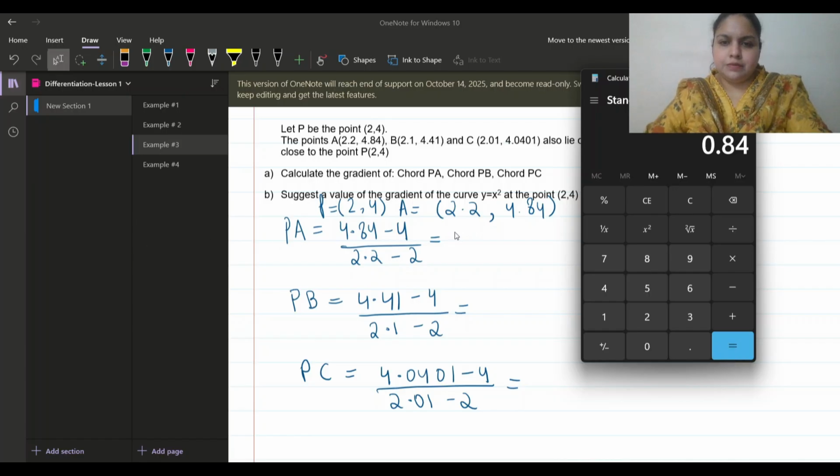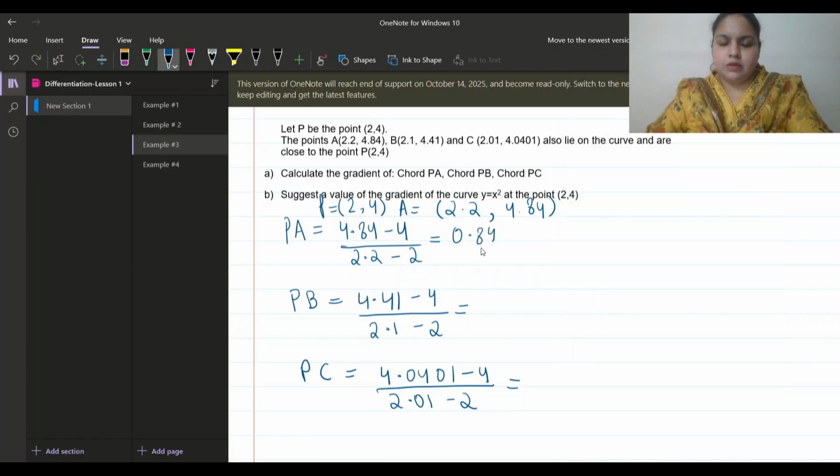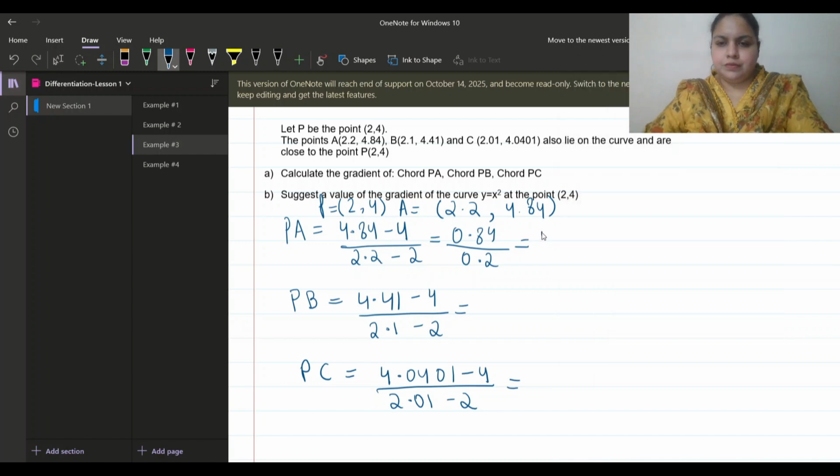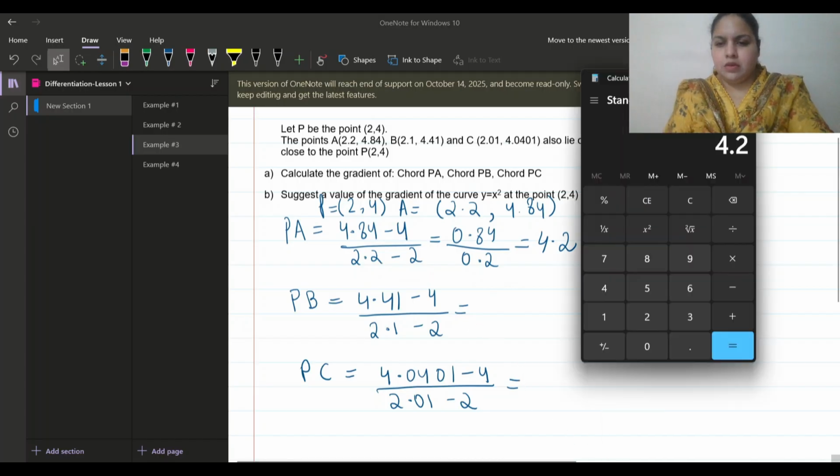So it's 0.84 upon 0.2, which gives us 4.2. Similarly, over here, 4.41 minus 4, and you're going to divide it by 0.1.